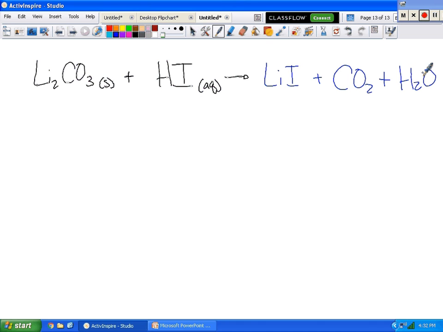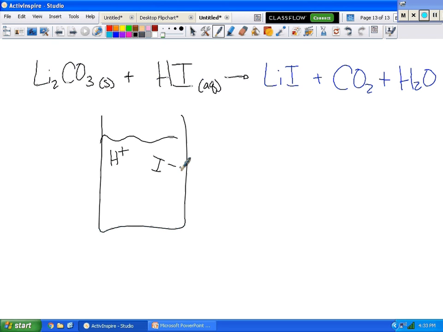Also, what is going to happen to the water that was in the acidic solution? Remember, if you think about this beaker-wise, you've got H ions and I ions floating around, and this is aqueous, right? So you've also got water present. When you drop that acid on this solid, is it going to dissolve?